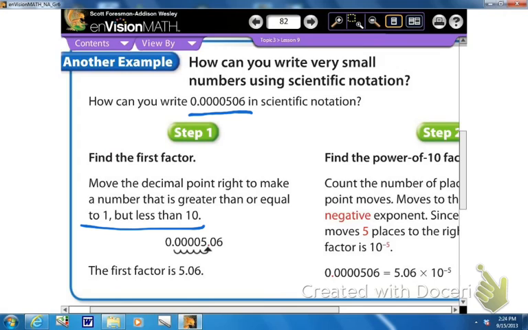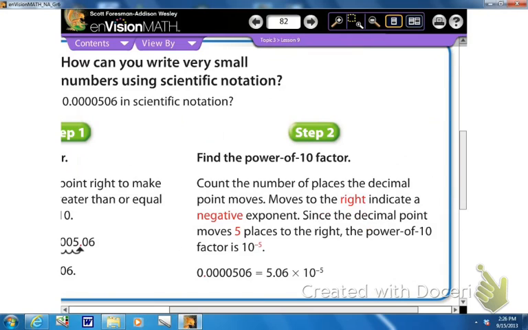So you see that they move the decimal this time to the right, and they put it right after that first number 5, because that makes it right here 5.06, which is between 1 and 10. So we know that our first factor is going to be 5.06. All right, let's look at the next step.